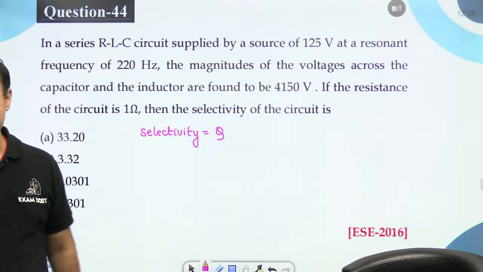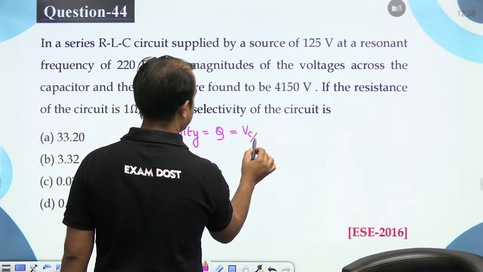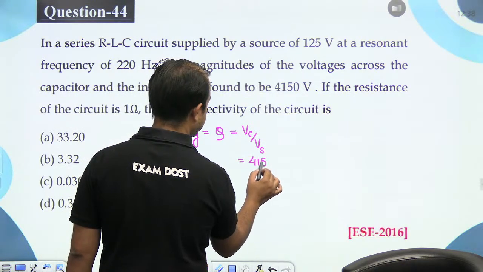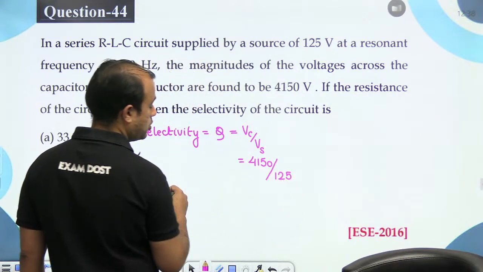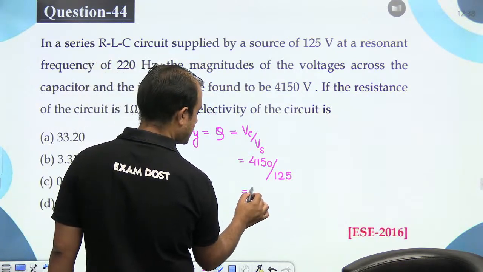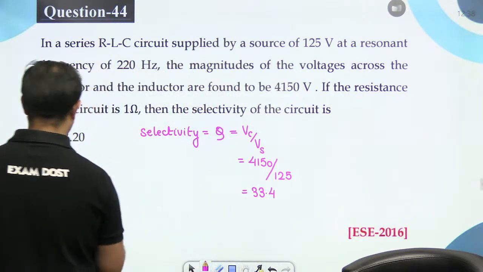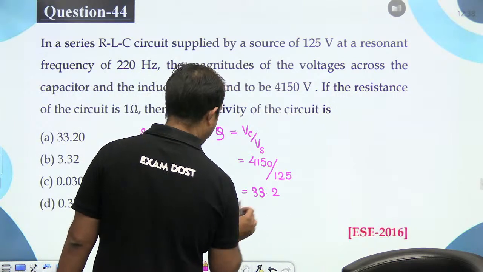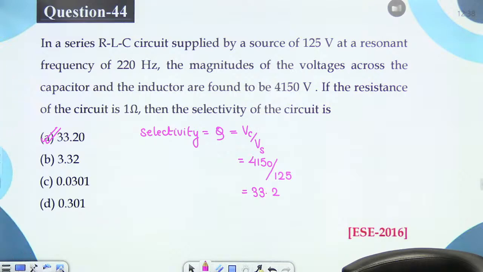So it is very selective. So it is VC by Vs. At resonance, capacitor voltage is QVs. 125 into 8000. 33.4. So 33.2. ठीक है, 33.2. Clear?